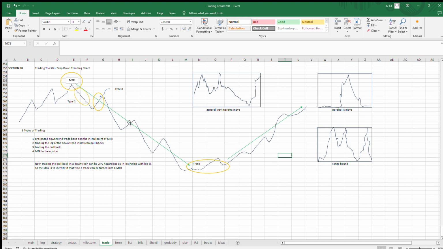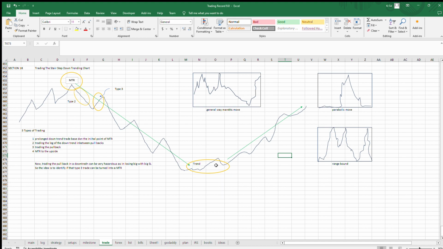So what is difficult? My entry would be at this point here, type 3 situation. And how could I engage it so that it's this to this?